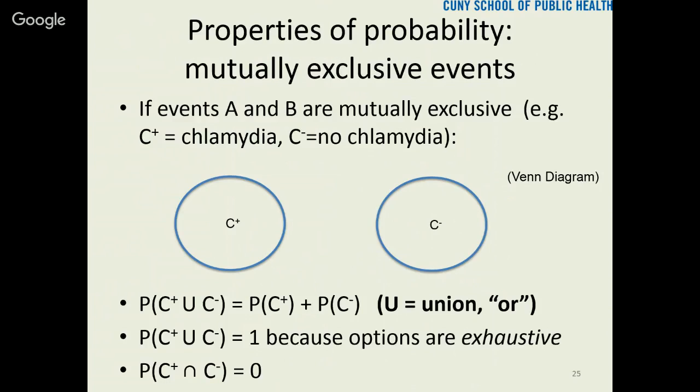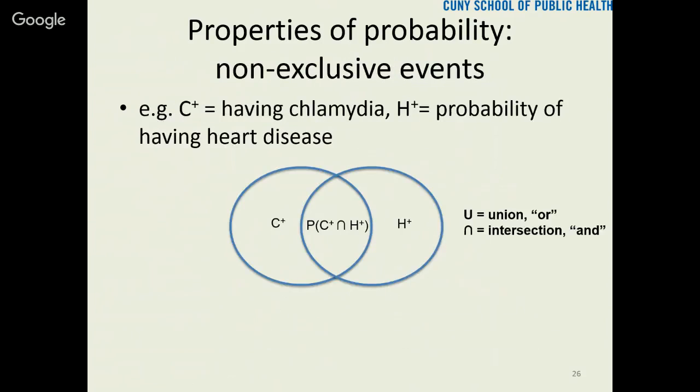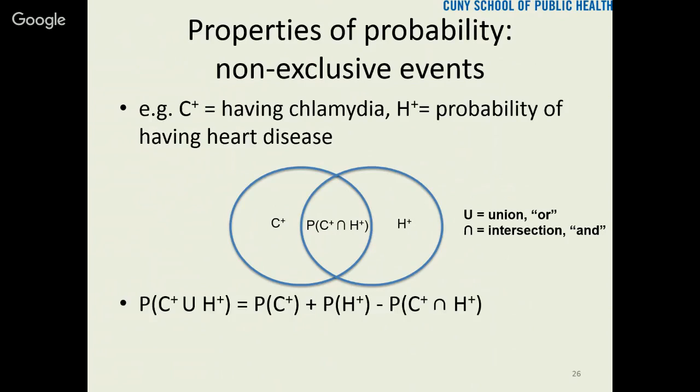And because they're exclusive, the probability of the intersection is 0. Now, as soon as they're not exclusive, such as having chlamydia or having heart disease, then we have this overlap. There's some intersection of these two non-exclusive events.